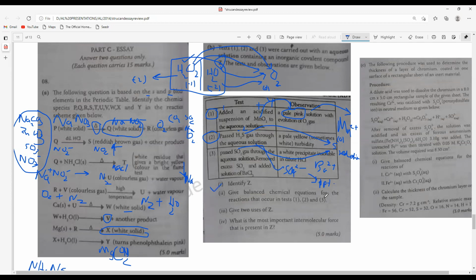Give balanced chemical equations for the reactions that occur in tests 1, 2, and 3. So you can basically write down the half reactions, MnO2 to Mn2+, H2O2 to O2. Write down the half balanced reactions, including electrons, then balance the electrons, then add and write down the overall reaction. This is the same here for H2S.